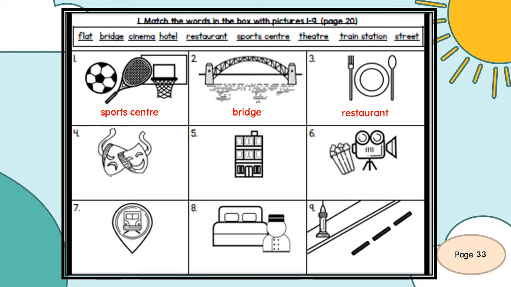Number 4, theater. Number 5, flat. Number 6, cinema. Number 7, train station. Number 8, hotel. Number 9, street. Very good.